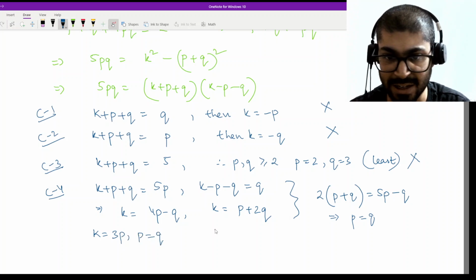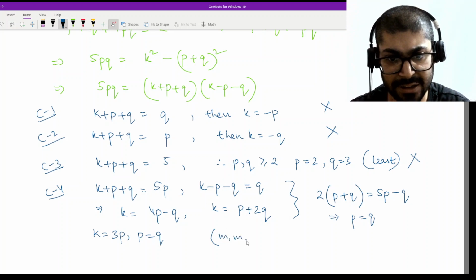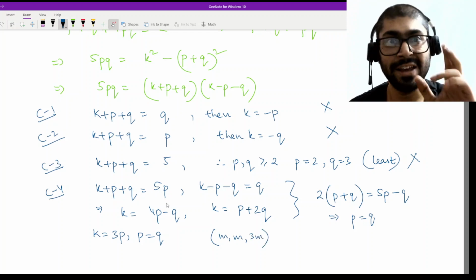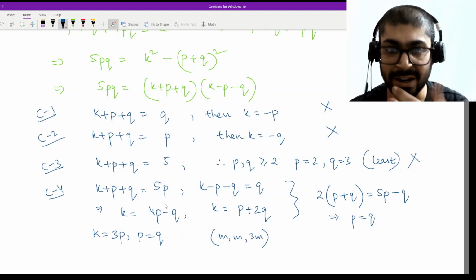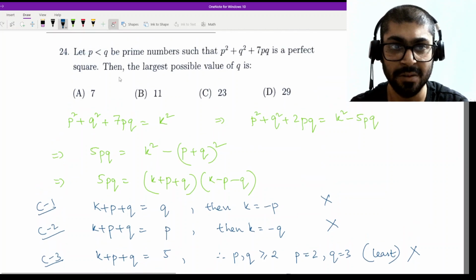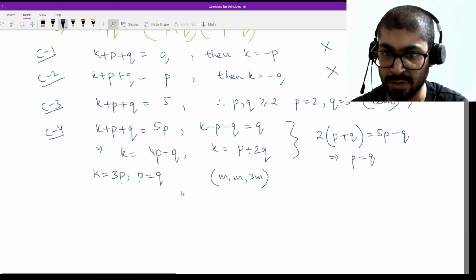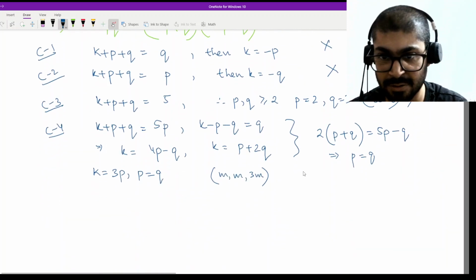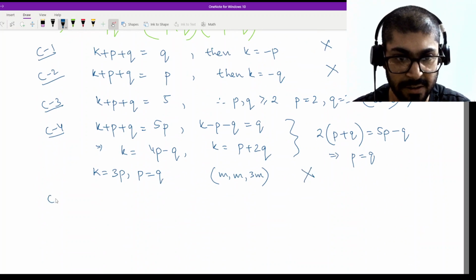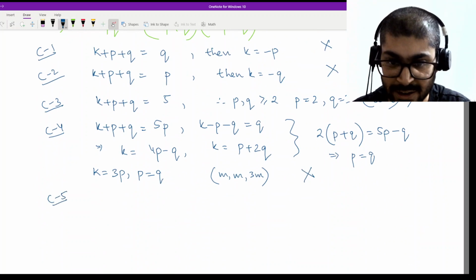So a solution might be of the format p, q, k being m, m, and 3m. We get an integer solution, but the problem is we have p less than q, so we cannot include this. Our answer will not come from here. So this is gone. Okay, next case.